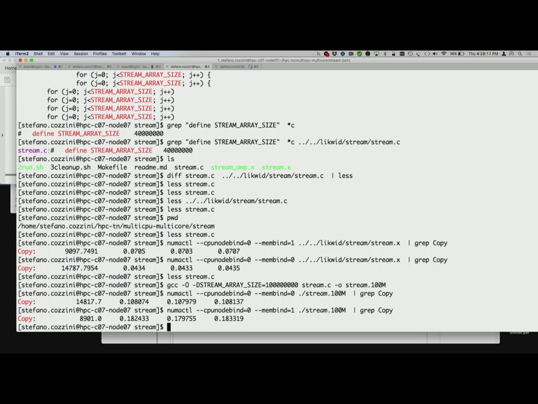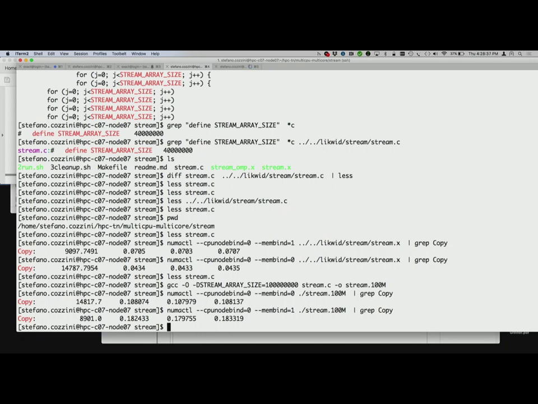Yeah. I was right in the sense that here we had a small array that fits into L3 cache, and so this was the effect. Now that we don't use the L3 cache anymore, we see the right behavior.